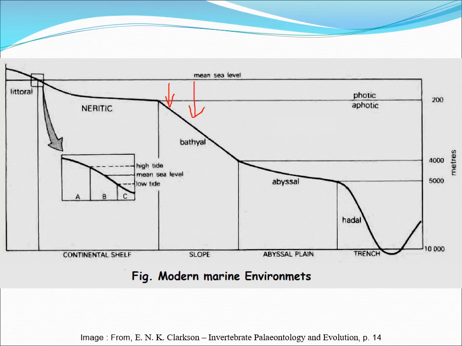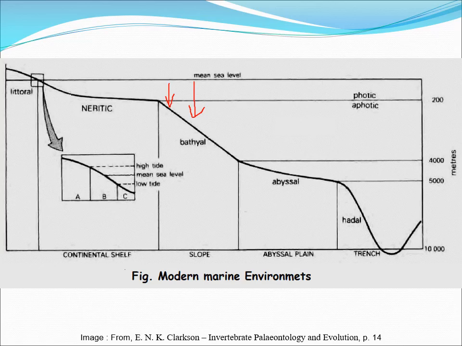As we take the present day example as our learning tool and apply it to the fossil record, we have to know the present day marine environments well, so that we can interpret or work in the ancient environments also.